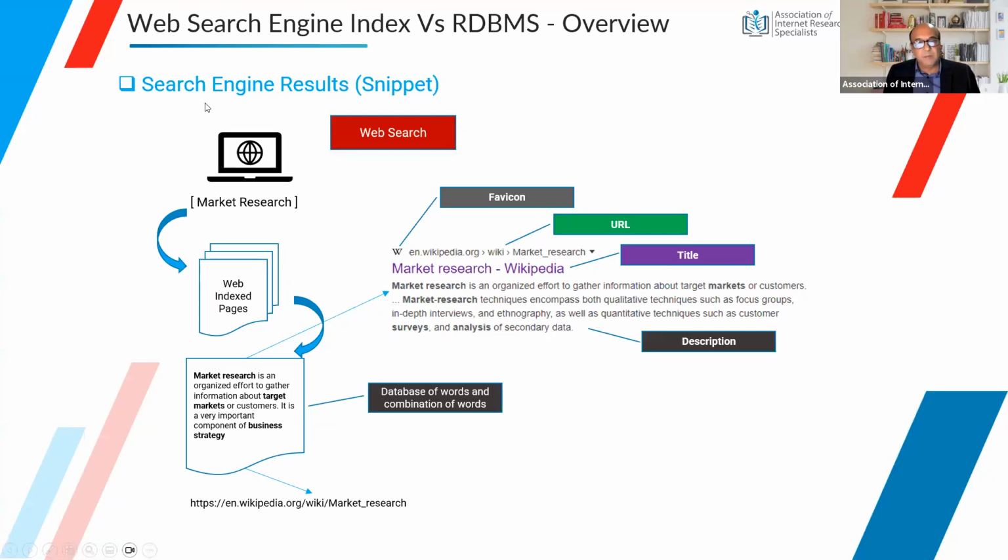Now, in the search engine results, when you look at your SERPs, or search engine return pages, you could see that each of those returned snippets, we call them snippets, but you can call them individual results, and there could be so many of them, each result has these components.